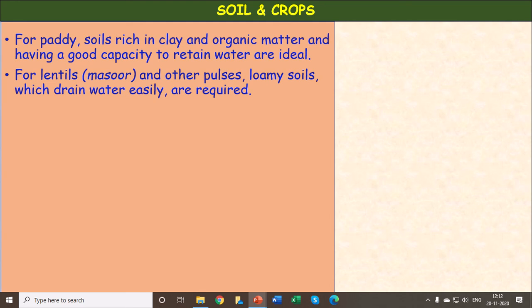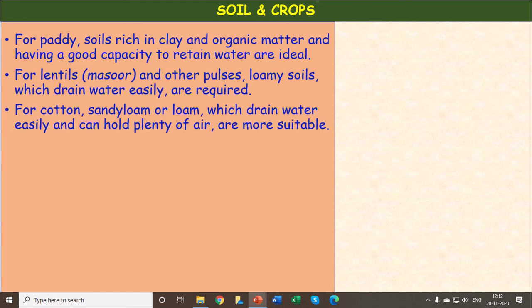Loamy soils with optimum silt and sand will drain water easily. So such soils are best suitable for growing pulses and lentils.